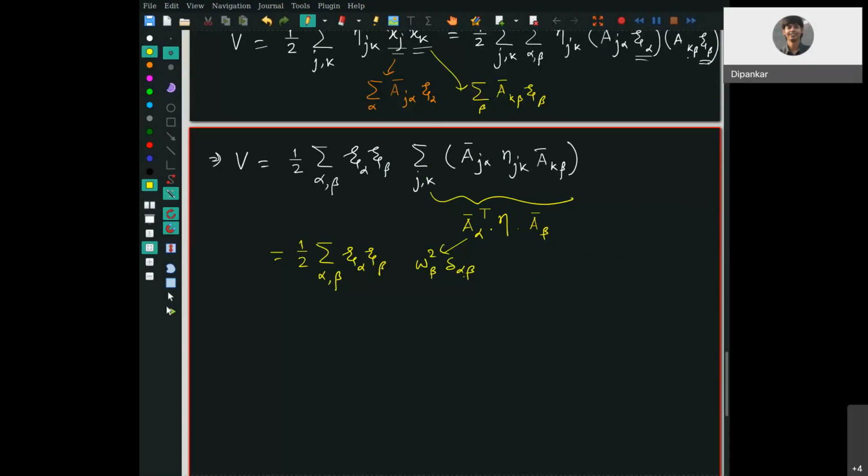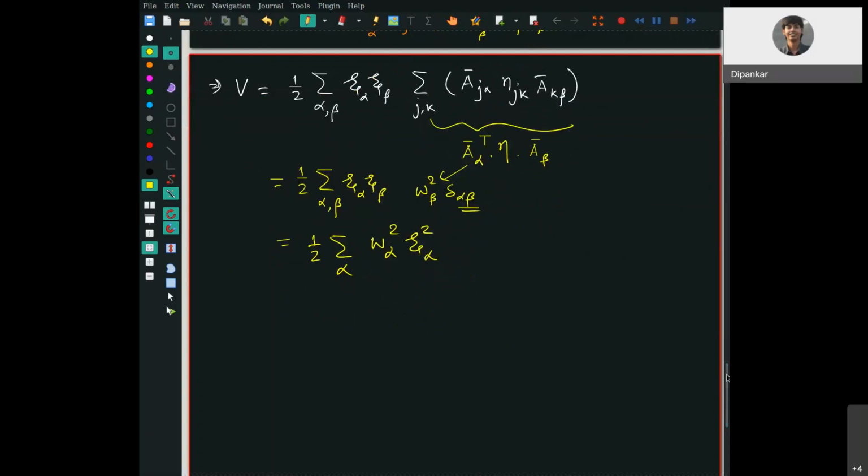This forces alpha equals beta, and you will just be left with summation over alpha omega alpha square xi alpha square. So this is my potential energy.